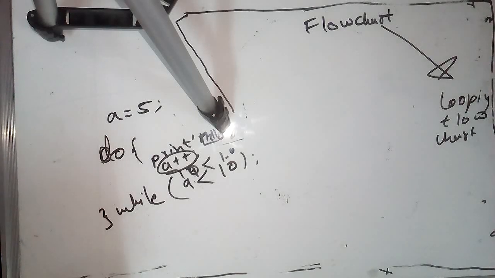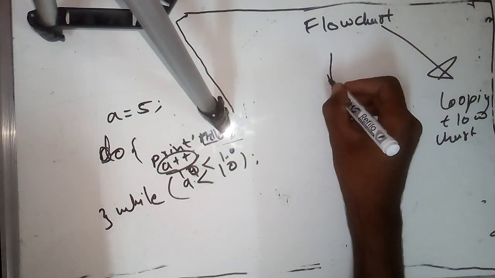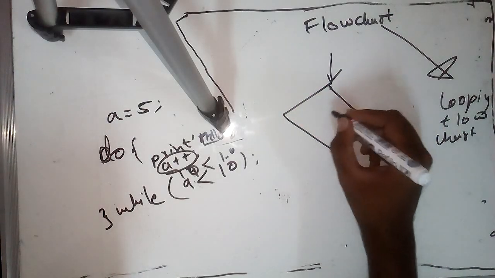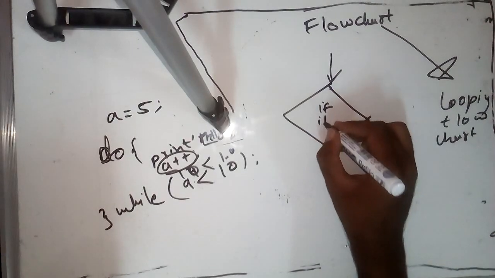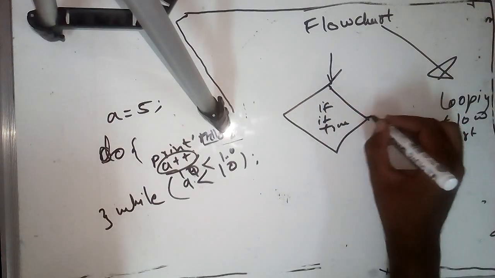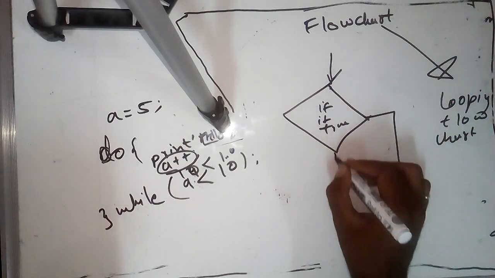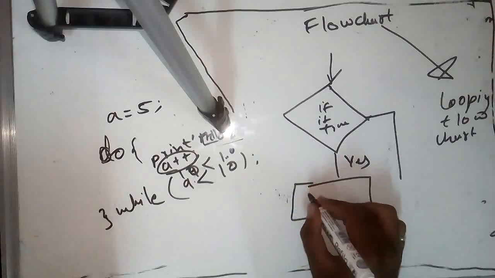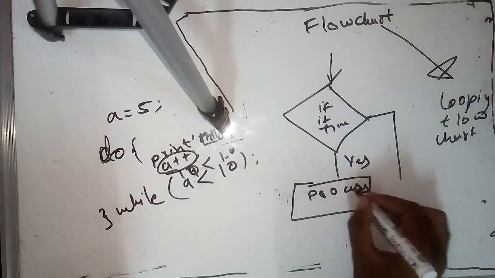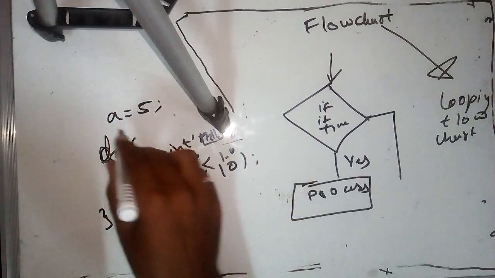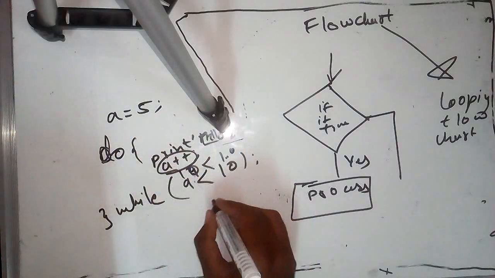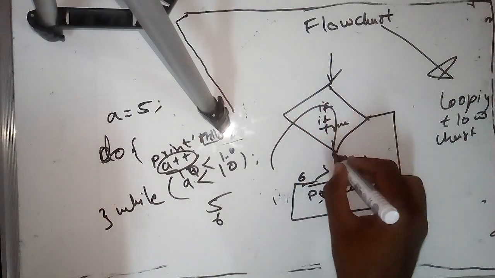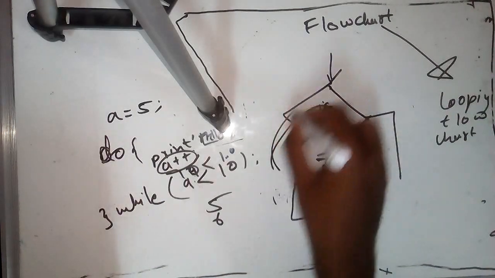So how will we make it? Simple. We will start our flowchart, and we will put a diamond here. This diamond will state the condition, if it is true. If it is yes, then you execute this. Because of the example I have given you, we have processing where 5 becomes 6, it goes here, then it comes again and becomes 7, and then it comes again.